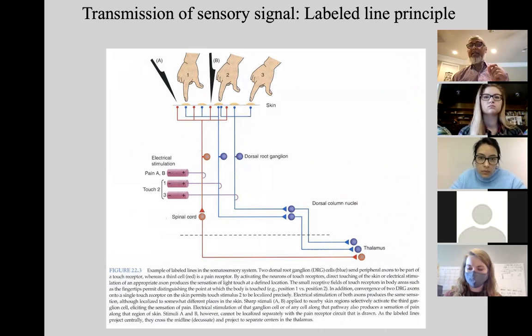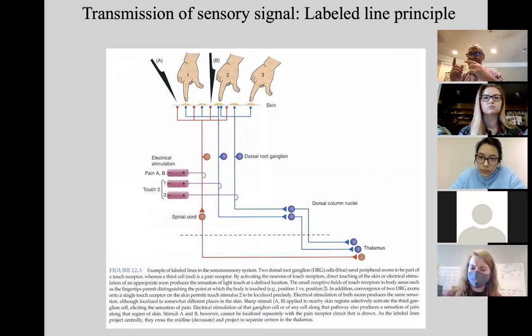But when that reaches a level where it becomes painful, a very different receptor will now be stimulated, which means the pressure receptor cannot transmit the pain signal. A pain receptor cannot transmit the pressure signal. A touch receptor can only transmit touch sensation. They cannot transmit a pain sensation.